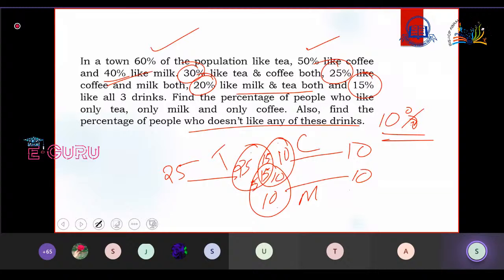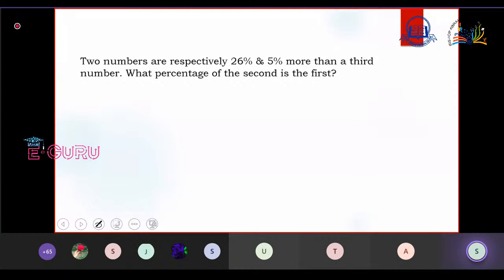Clear? So next question. Two numbers are respectively 26% and 5% more than a third number. What percentage of the second is the first? So here the third number we can fix like 100. So we will take the third number as 100.